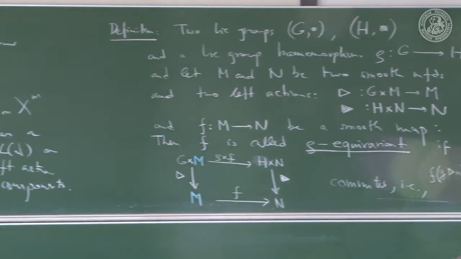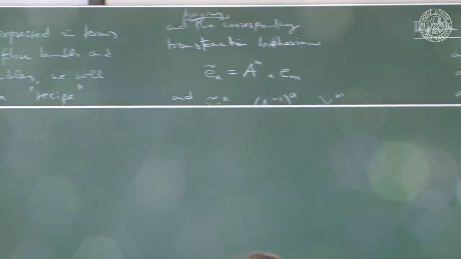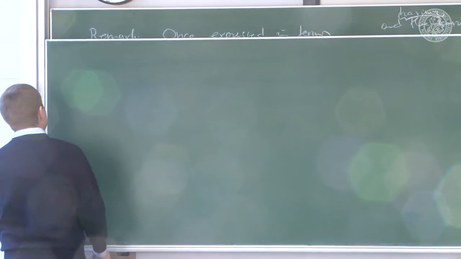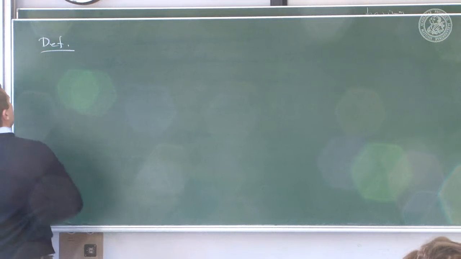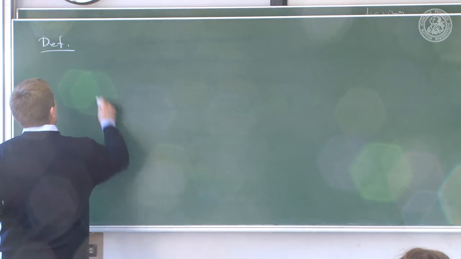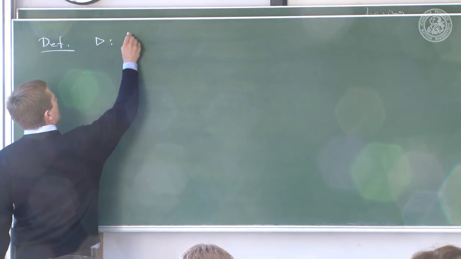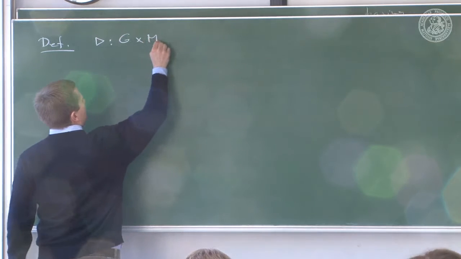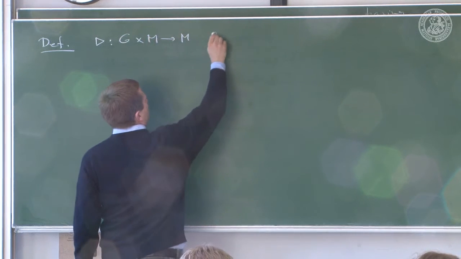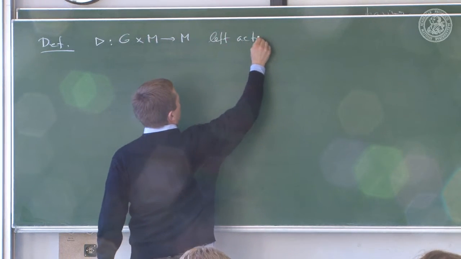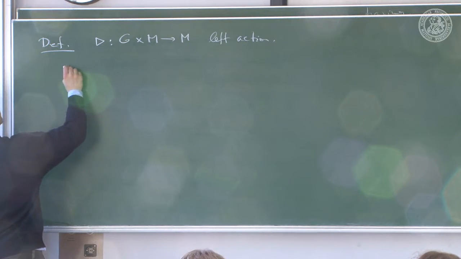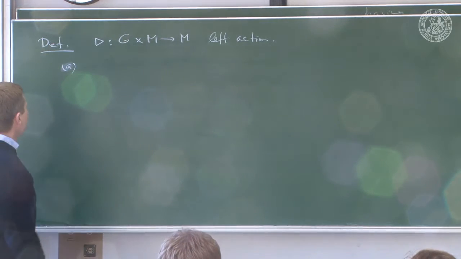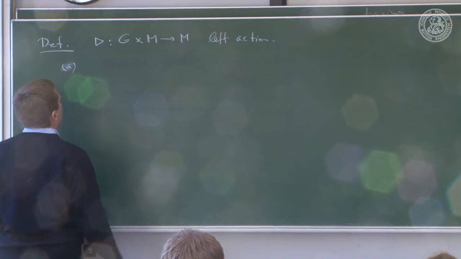Now, this was just for completeness at this point. Now we have further important notions which we're going to use heavily. So definition. Let this map G cross M to M be a left action on some manifold M, obviously. Then we define the orbit of a point.